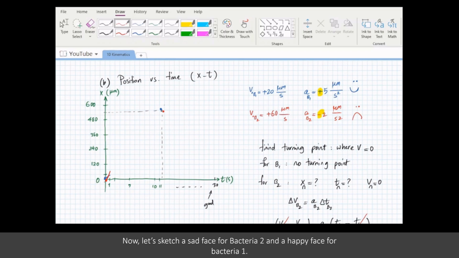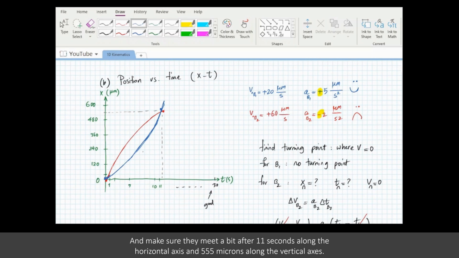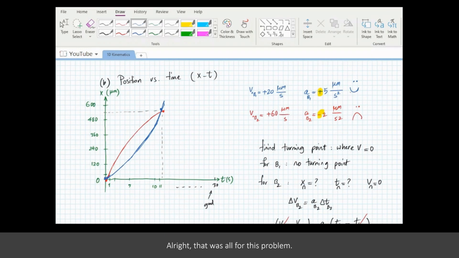Now let's sketch a sad face for bacteria 2, and a happy face for bacteria 1. And make sure they meet at a bit after 11 seconds along the horizontal axis and 555 microns along the vertical axis. Alright, that was all for this problem.